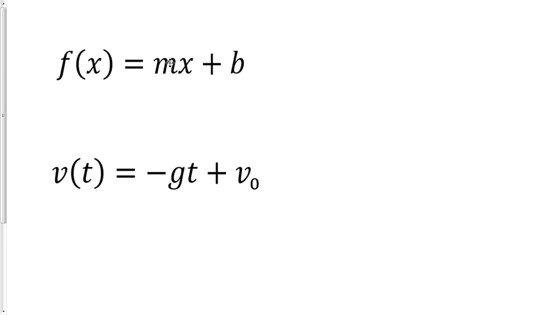And what that means is that we know that we are inputting an x value, this is the independent variable, and when we input an x value, the independent variable, it's going to spit out a y value for us.